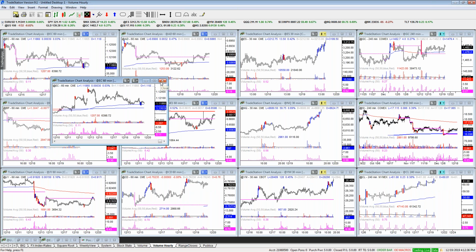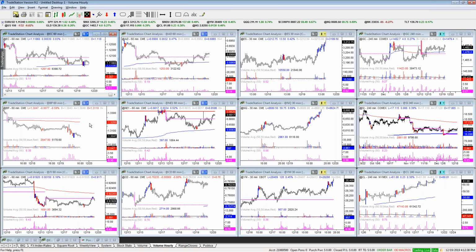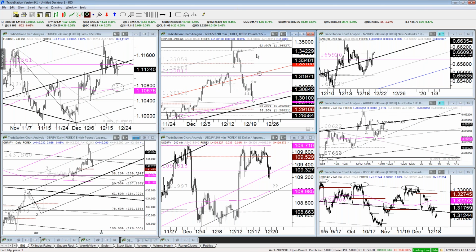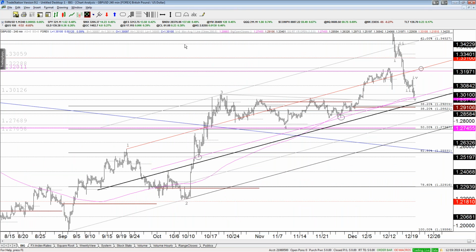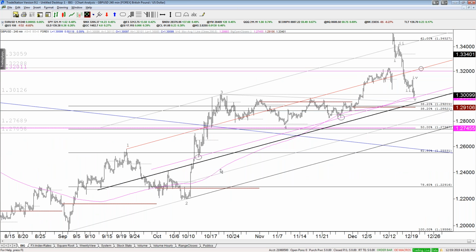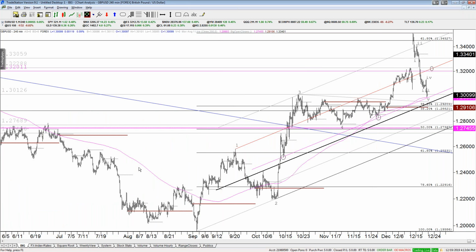I did not. I actually think that the pound is maybe a bit better for that. And here's why. We had in cable, for one, you do have a very clear 5 waves down, right? 1, 2, 3, 4, 5. Okay. We are sitting on a host of levels here. 200 period average here, which is on the 4-hour chart, right?